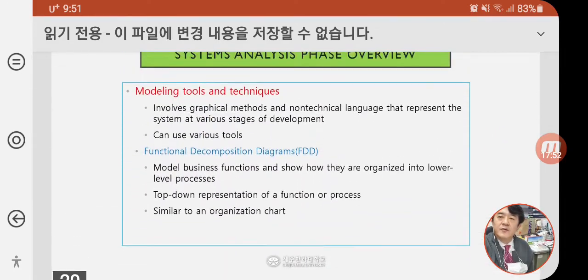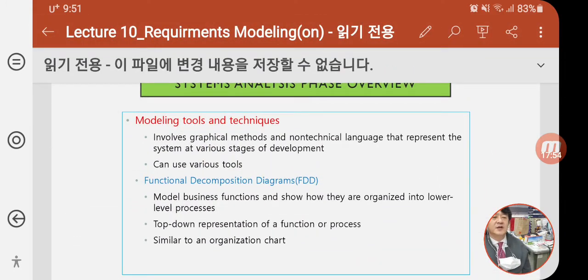Now we will focus on modeling tools and techniques. Modeling tools and techniques involve graphical methods and non-technical language that represent the system at various stages of development. It can use various tools. The first tool is the functional decomposition diagram, the FDD.